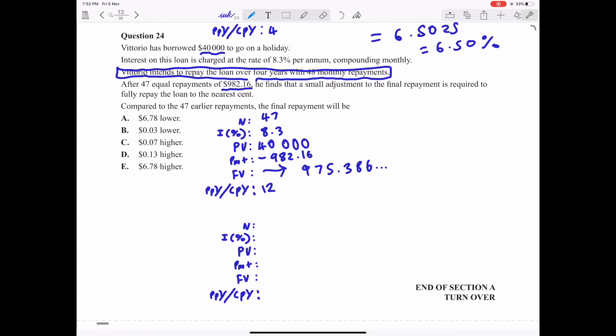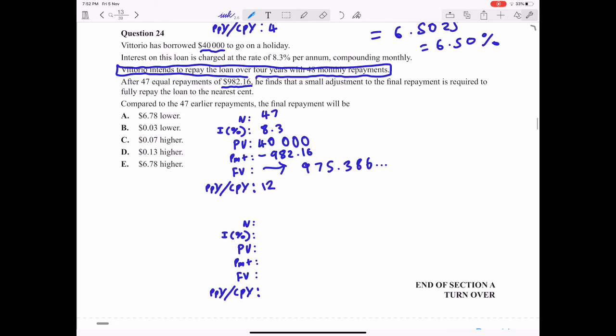And we know that after 48 monthly repayments, the loan will be 0, so he would fully repay the loan. So that means if we move this to the present value over here, this is how much he has, $975.386, and he still has to pay this back to the bank.